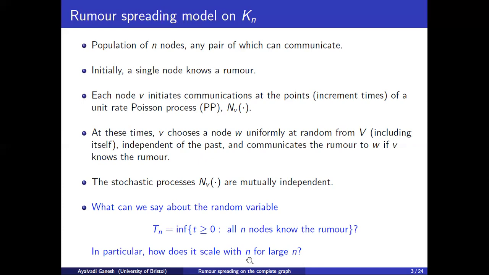So if you have a million people, as opposed to, let's say, 1,000 people, does it take 1,000 times as long for the rumor to reach all of them? So does it scale linearly with n? Or does it scale slower? Maybe does it scale like square root of n or some other function of n? So that's the kind of question we want to try and answer.